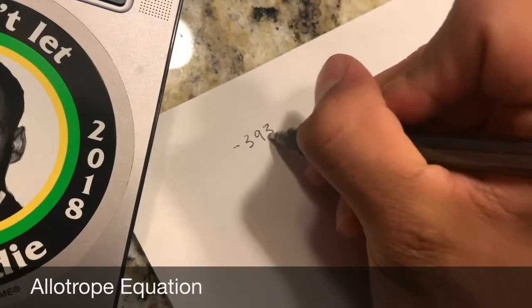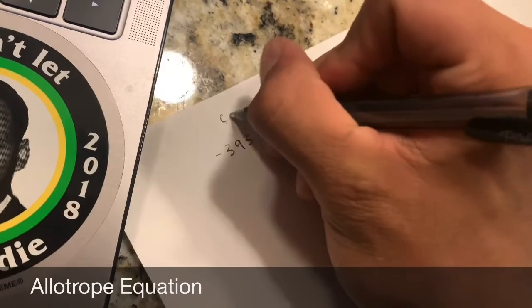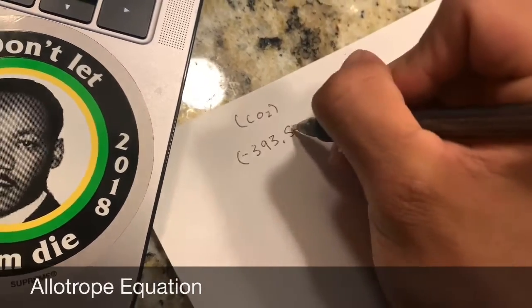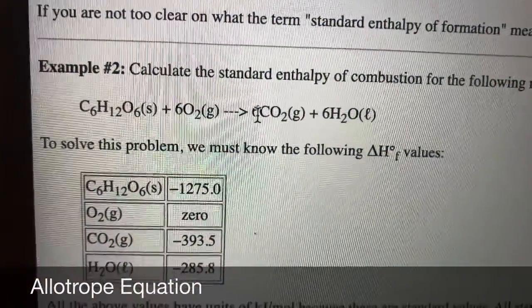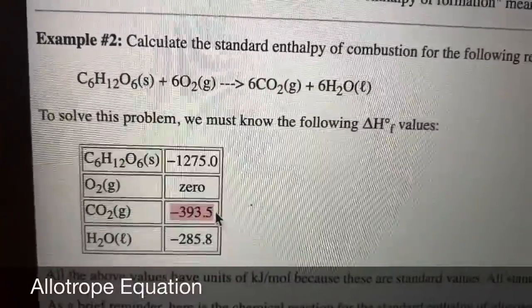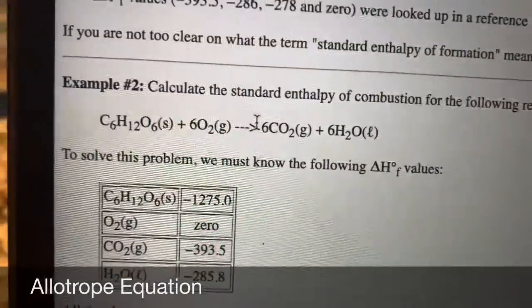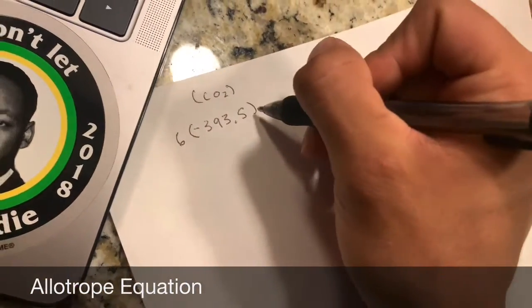This is our CO2, and there are six of them, meaning we have to multiply this value 6 times because the coefficient is telling us to. So we can just multiply by 6. And that's our first product.